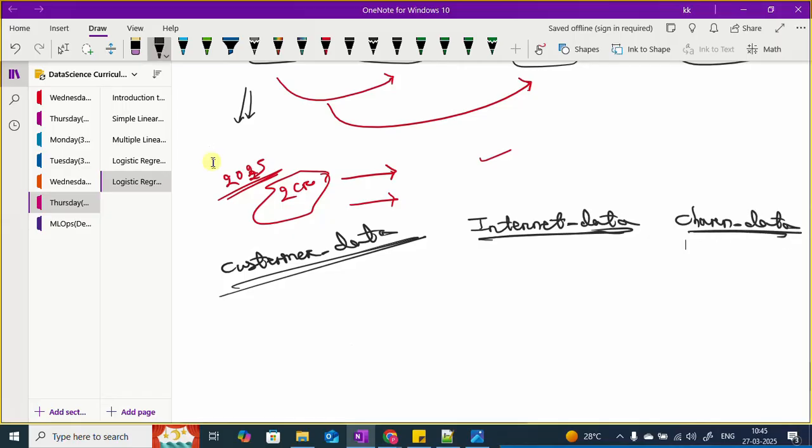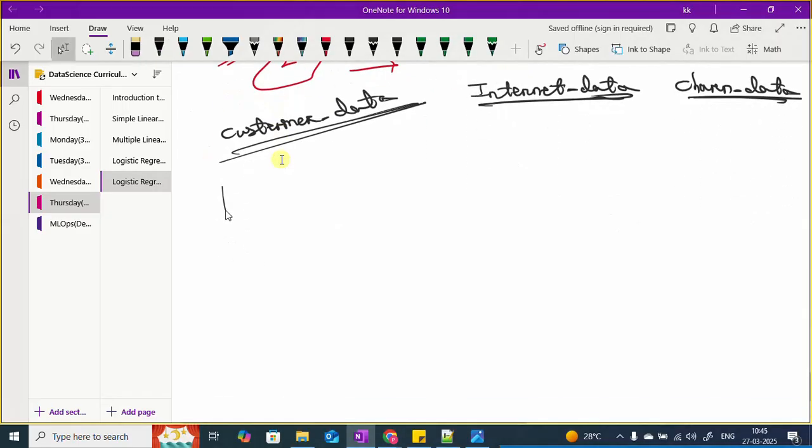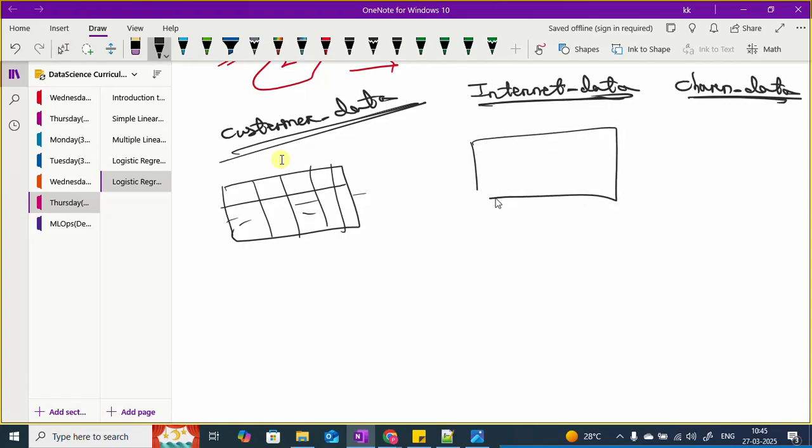A data set is like a table; it contains certain columns and certain values. I'll show you when I share my PPT.